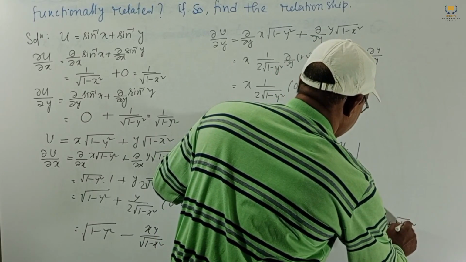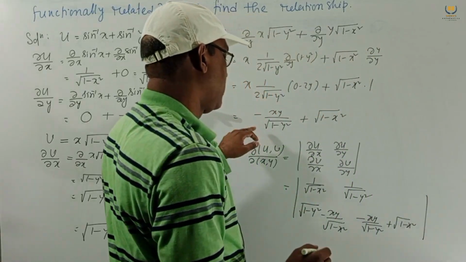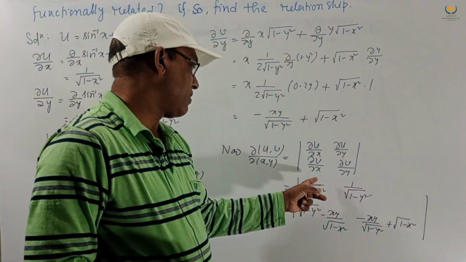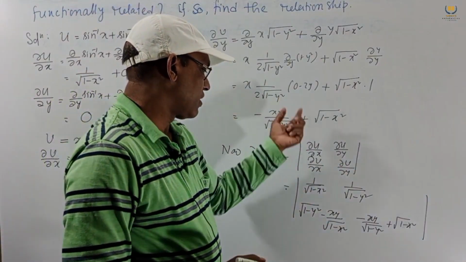These are the values of ∂u/∂x, ∂u/∂y, ∂v/∂x, ∂v/∂y that we already got.